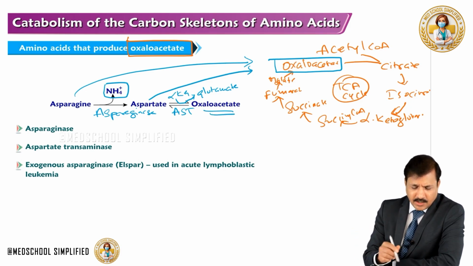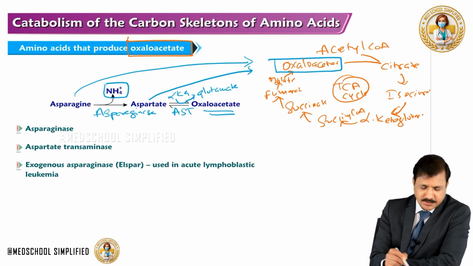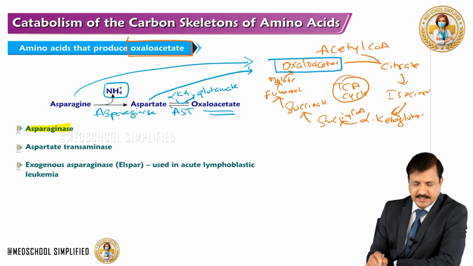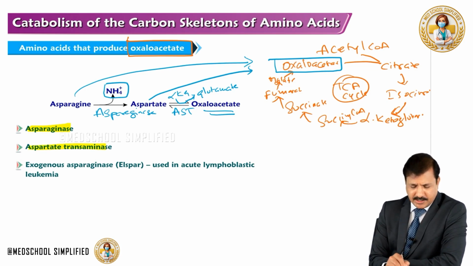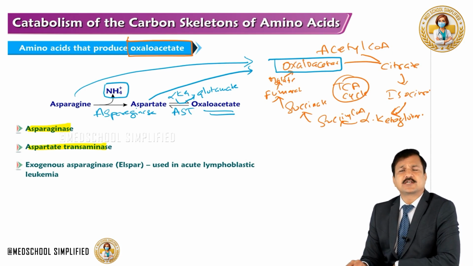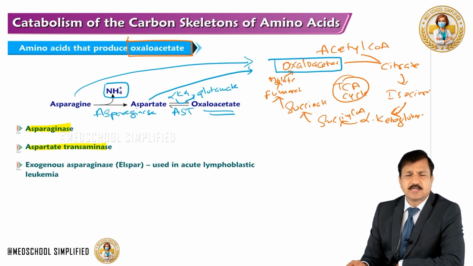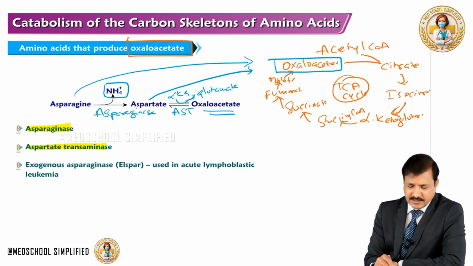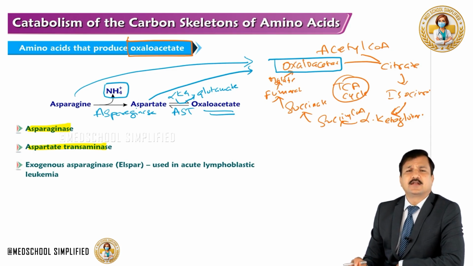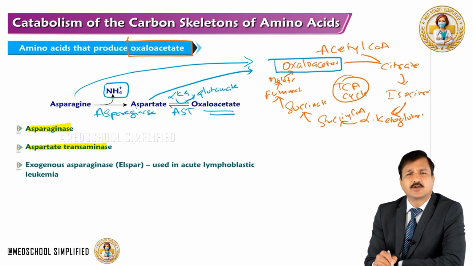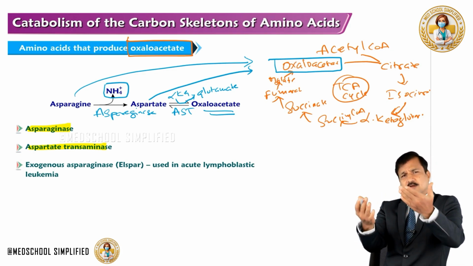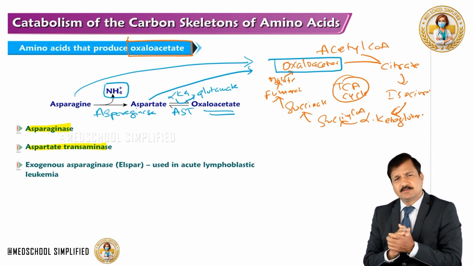So with the help of two enzymes, asparagine is converted to aspartate by the asparaginase enzyme through deamination, and then aspartate transaminase converts aspartate into oxaloacetate, a TCA cycle intermediate. Oxaloacetate can be converted to malate if there is sufficient NADH available.